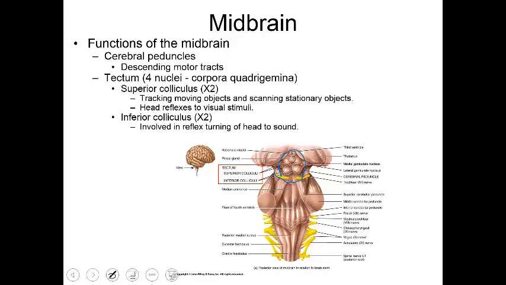Now what you can't see very clearly in this image, you can somewhat see it, are the peduncles, the cerebral peduncles. Now the peduncles are little joints or little junctions that contain descending motor tracts. So they're home to descending tracts.